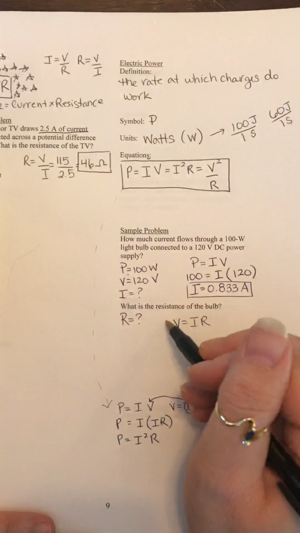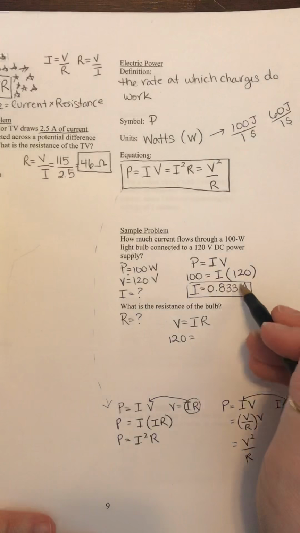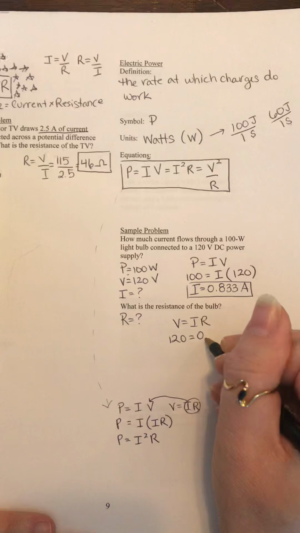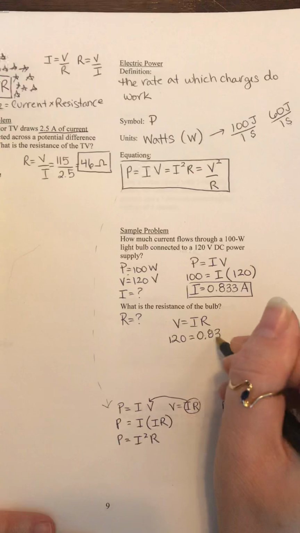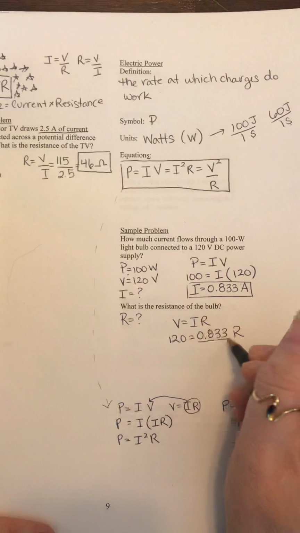So we have our voltage up here, which was 120. We have our current, which was 0.833, and you're looking for your resistance.